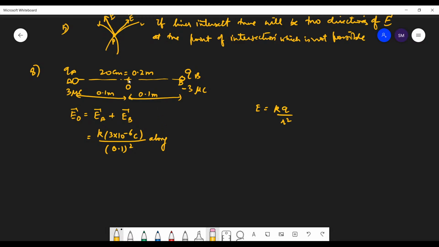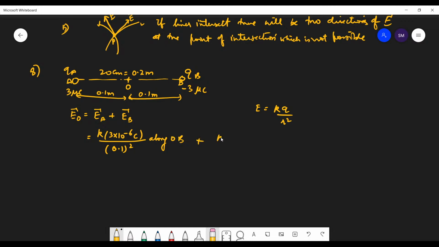If you put plus 1 Coulomb charge, it will be repelled by this, or the field lines will come out. In both cases you can find the direction very easily by putting plus 1 Coulomb charge. This is plus 3, so it will be repelled. So the direction is along OB.